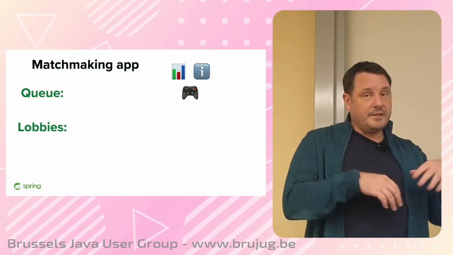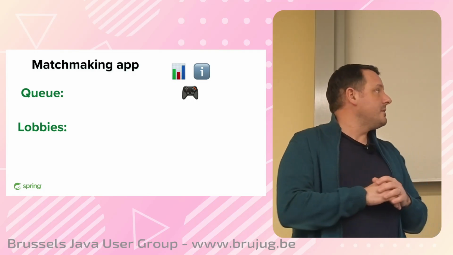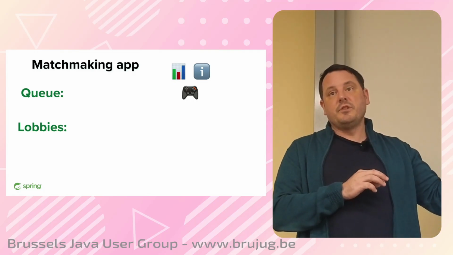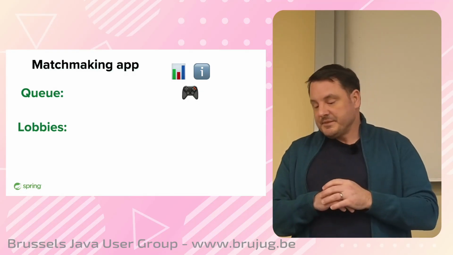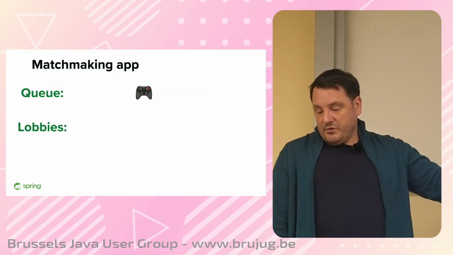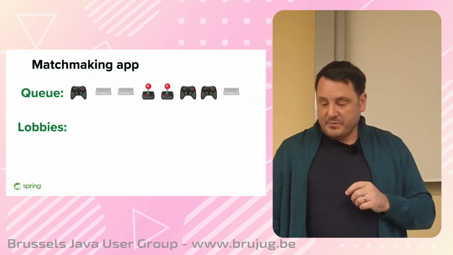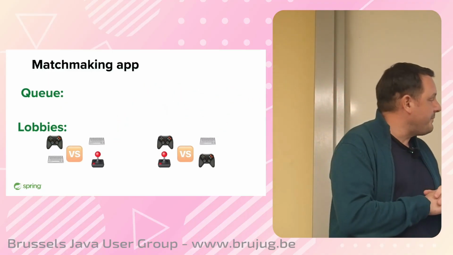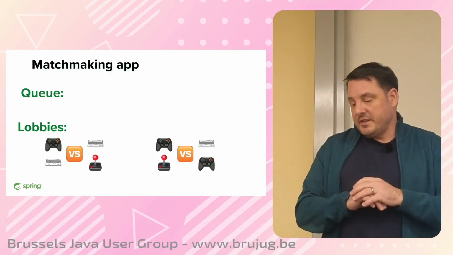The player profile is like name, location, whatever. Stats is about whether that person is good at that game, where that person is located, that kind of thing. Then you queue a number of players in the app, and at some point there are enough players to create lobbies. So players are matched and they can play together.